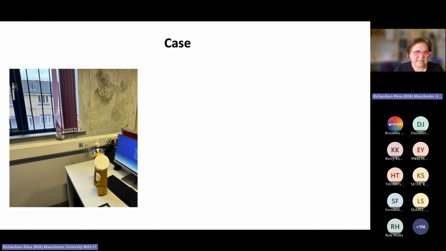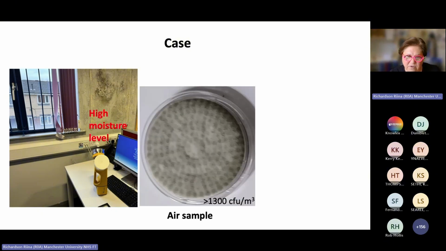The wall had been repainted many times before we were asked to go and sample the air and the situation. We measure surface moisture, and there was a high moisture level on the surface, so it was not surprising that it was full of molds.